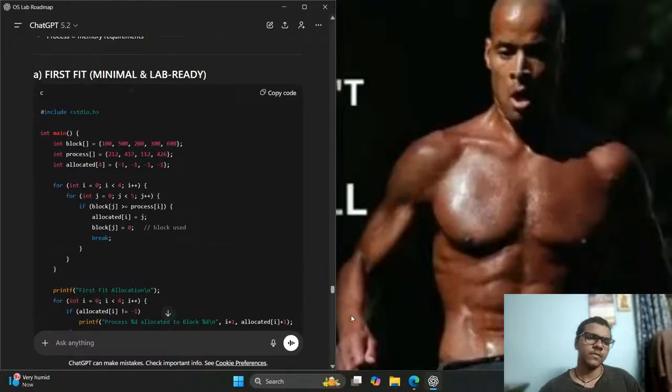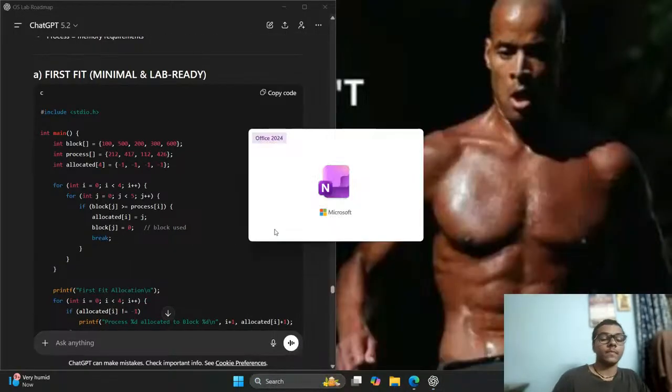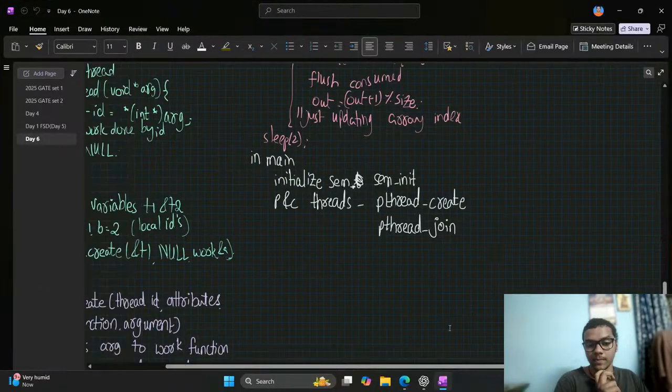What is this? This is first fit. Let's get into replicating and coding this one out.